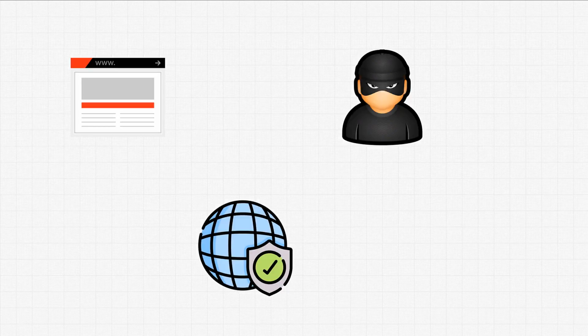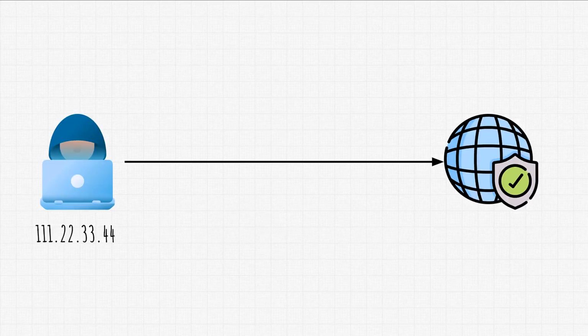Besides that, on our hacking side, as we already mentioned, it will help us make us more anonymous during our penetration tests. For example, this is what a normal scan that we did in the scanning section looks like. Our IP address is, for example, 111.22.33.44, and we are directly scanning the target.